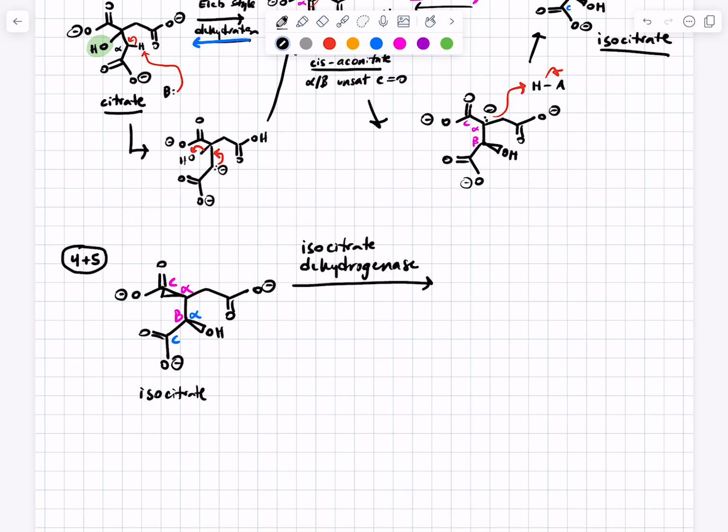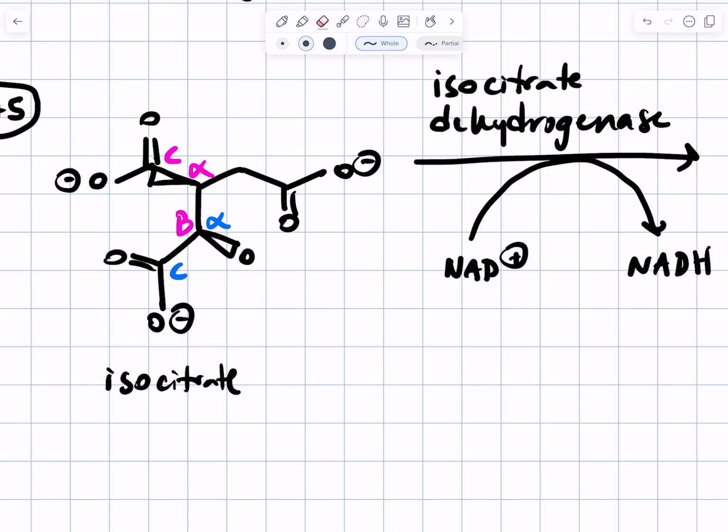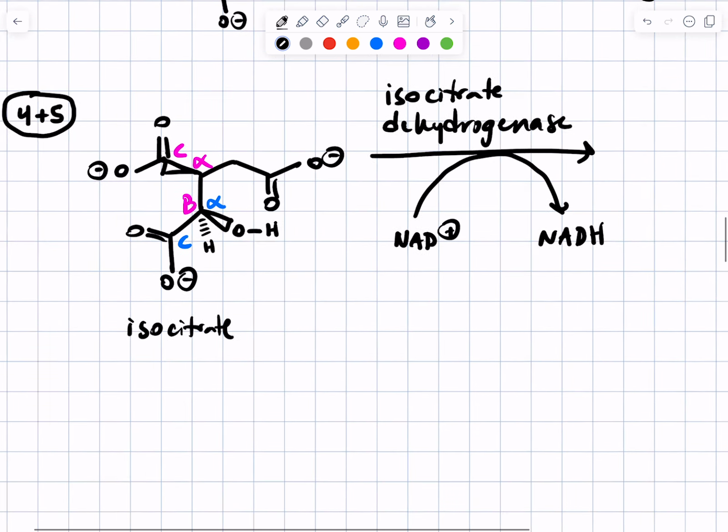Oxidation chemistry. And if you were going to guess where, and what is going to get oxidized, what would you say? It's that alcohol, right? Because strategically that makes sense, right? We're going to generate a beta keto acid and an alpha keto acid in the same step.